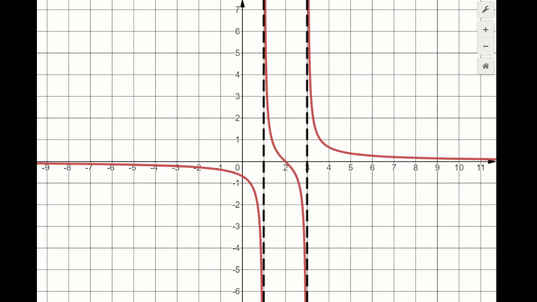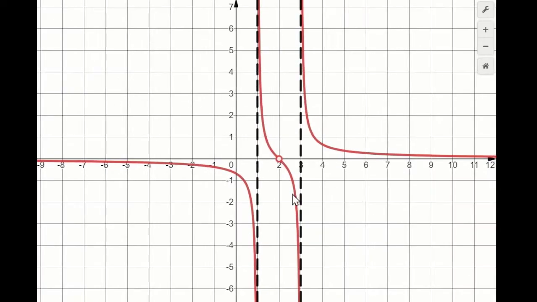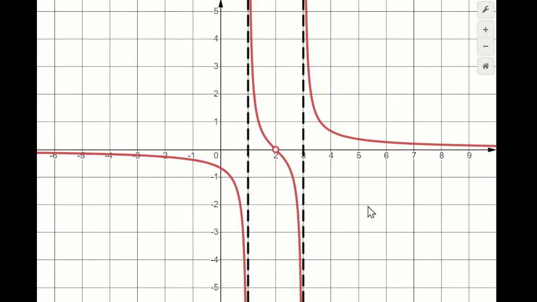That point at 2, comma 0 on the graph needs to be an open point, or a hole. This graph completes our understanding of the rational function in part C of our example.